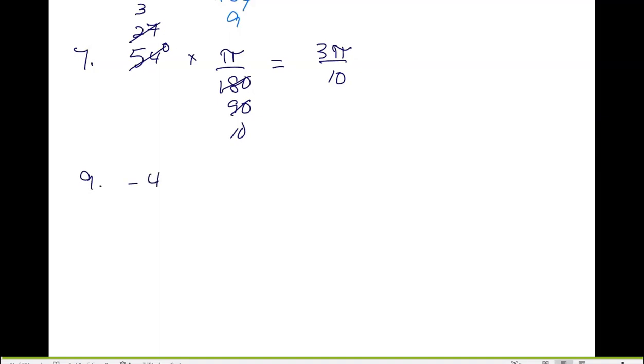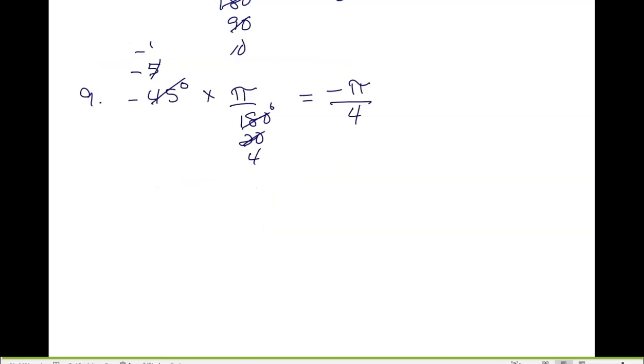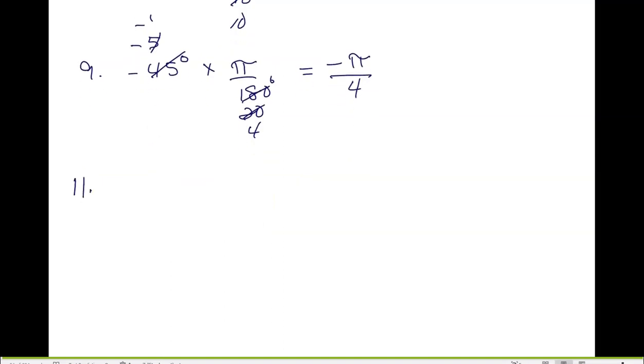Okay, I have negative 45 degrees times pi over 180. So 9 goes into this 5 times, so negative 5, and 9 goes into this 20 times. 5 goes into negative 5 negative 1 times, and 4 times, so negative pi over 4 is what I'm getting. 11 is my next problem. 11 is 100 degrees, 100 degrees times pi over 180.